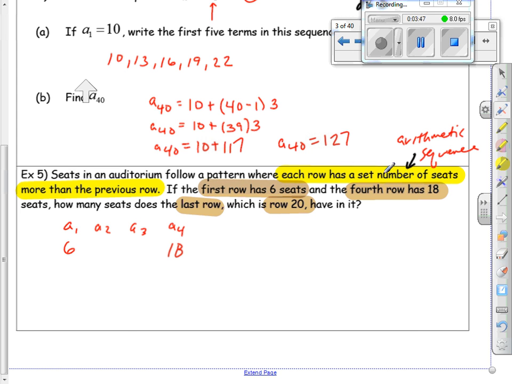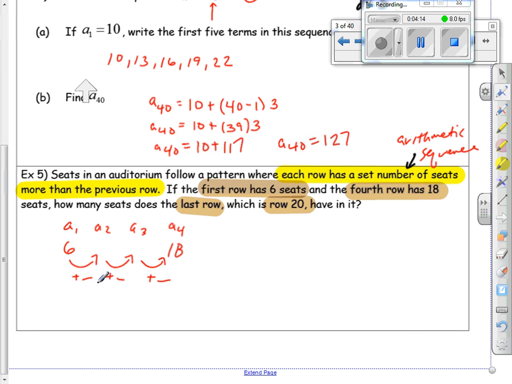Now, because this behaves like an arithmetic sequence, we must add the same amount from the previous term to get to the next term. So we need to think about what value we could add onto 6 to get a2, and then we need to add that same value onto a2 to get to a3, and then from a3 to a4.